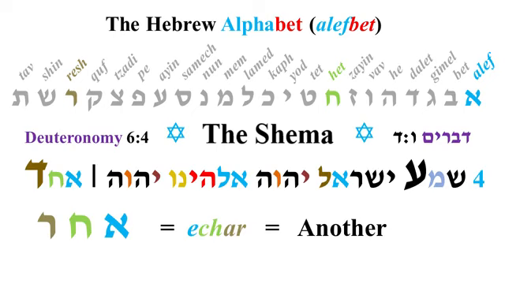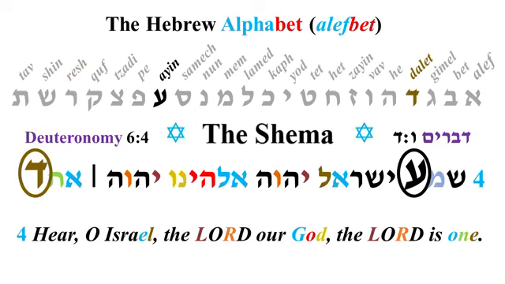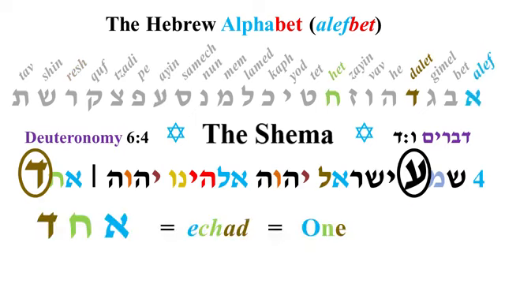And it would then say, if you mixed up both of these letters, you'd be getting, oh, maybe, perhaps, O Israel, the Lord our God, the Lord is another. No, he wants you to realize, hear, O Israel, the Lord our God, the Lord is one, echad. So he puts a giant dalet. It's kind of like the one we just saw about the jealous God. He doesn't want you confusing the resh and the dalet for another versus one.